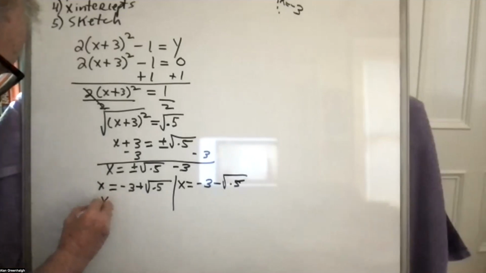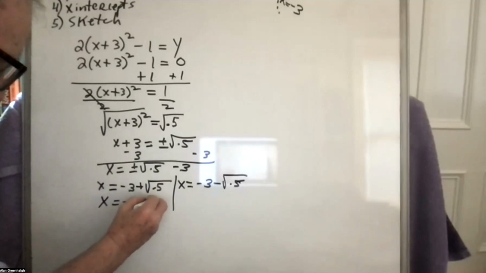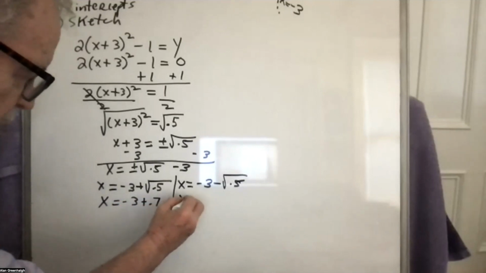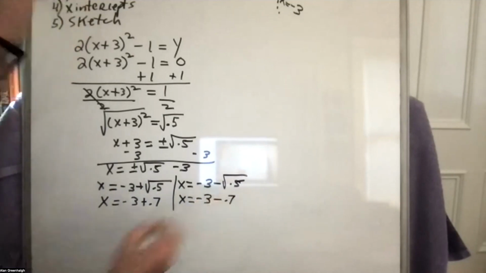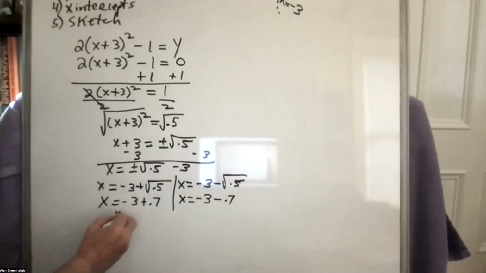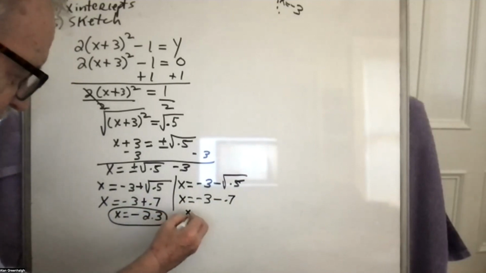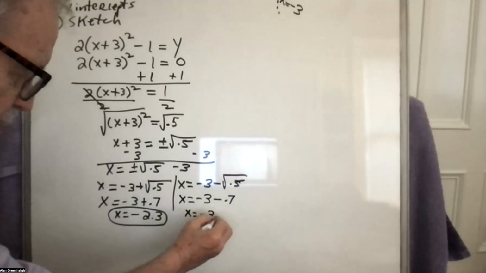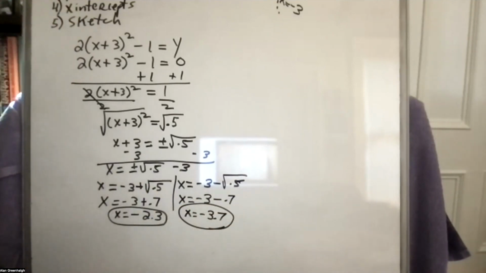So x will equal negative 3 plus 0.7, and x will equal negative 3 minus 0.7, which means that x equals negative 2.3 and x equals negative 3.7. Those are the x-intercepts.